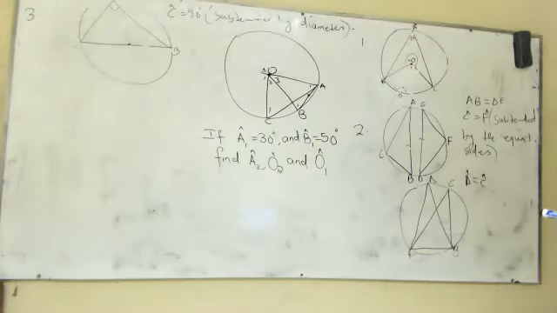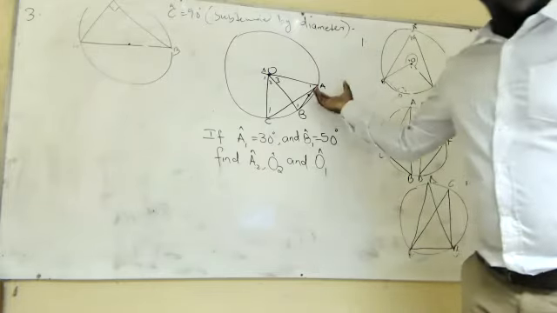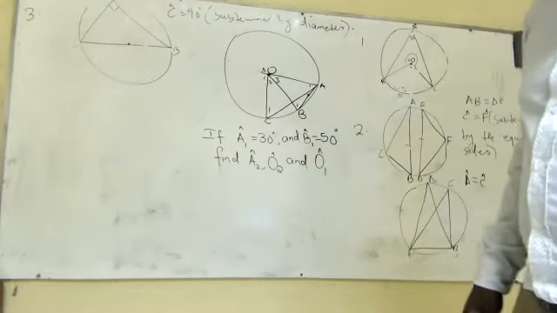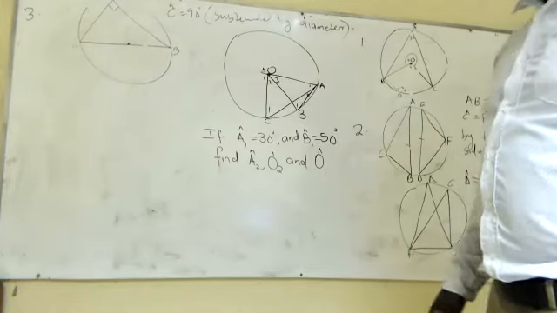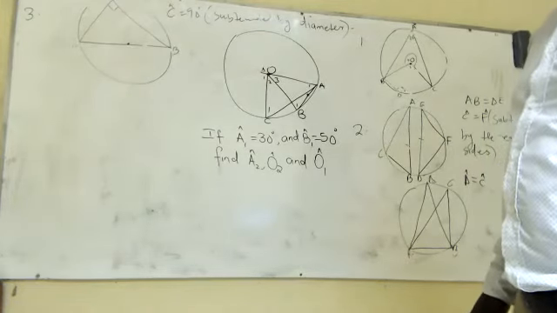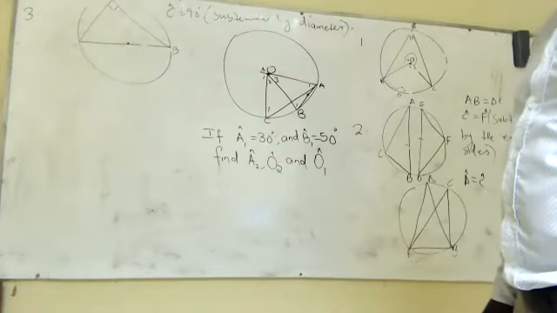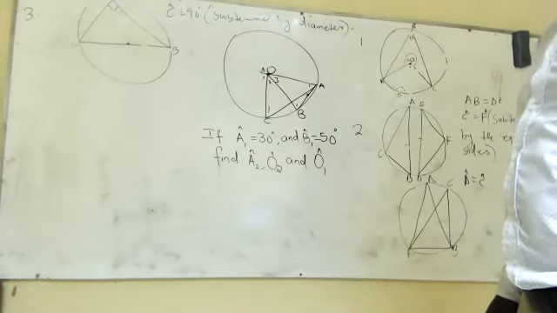That is the information which I want you to know before I do this example. I'm going to do the example, and after the example, I will introduce the remaining theorems. There are 12 of them in total, of which you are required to know all from grade 11, and then I'm going to introduce the other ones for grade 12, which are only 6.